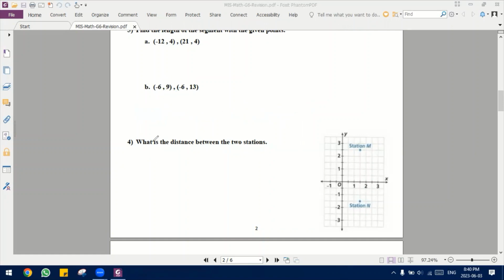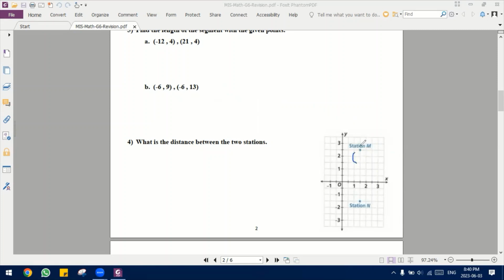Now question number 4. What is the distance between the 2 stations? Some of the students will do it like this. They will just directly count the squares. They'll say 1, 2, 3, 4, 5, 6, 7, 8, and then write 8, which is wrong. Here, you need to graph the points and make it similar to this question. Let's check the coordinates of these points.